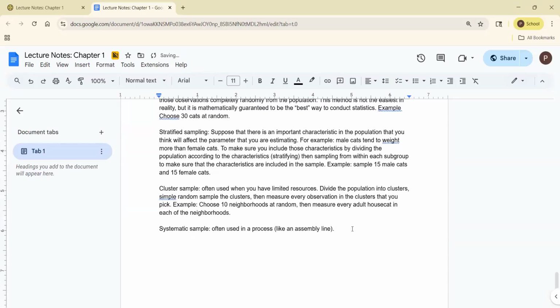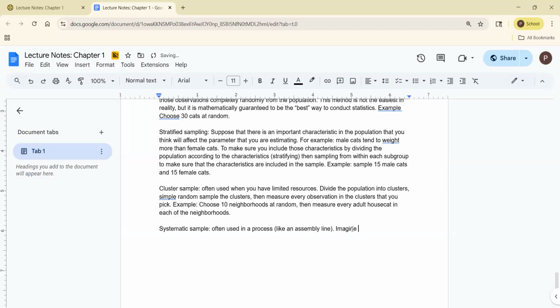If you're trying to measure faulty batteries, or figure out which batteries are going to be faulty, you could wait until you have all 10,000 batteries produced and then go in and randomly pick 100 of those. Or you could just pick batteries as they come off the line and measure those as they go.